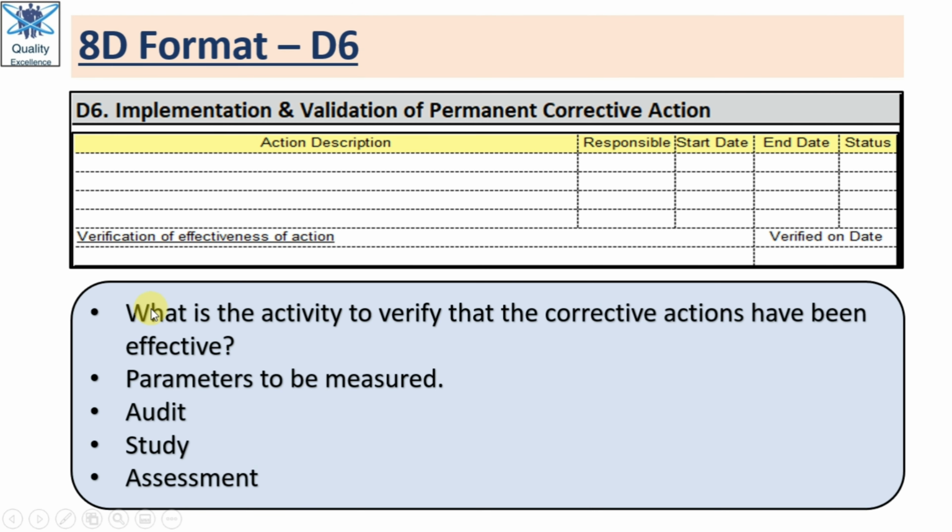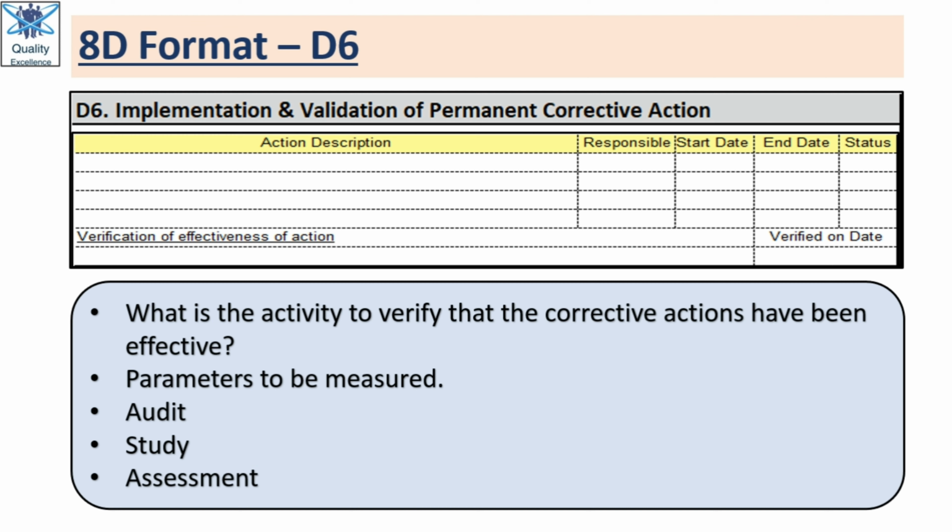Then D6. In this stage, you have to implement the permanent corrective action, and then you need to validate the permanent corrective action. So here this is the format where you can describe the action, who is responsible, start date, end date and status, and you need to verify also whether it is effective or not.